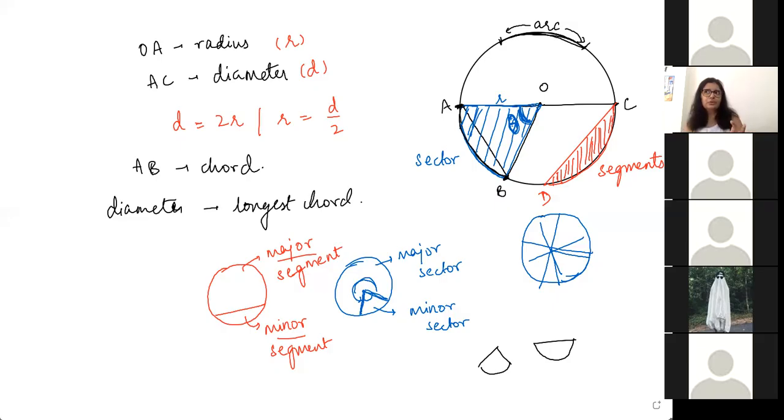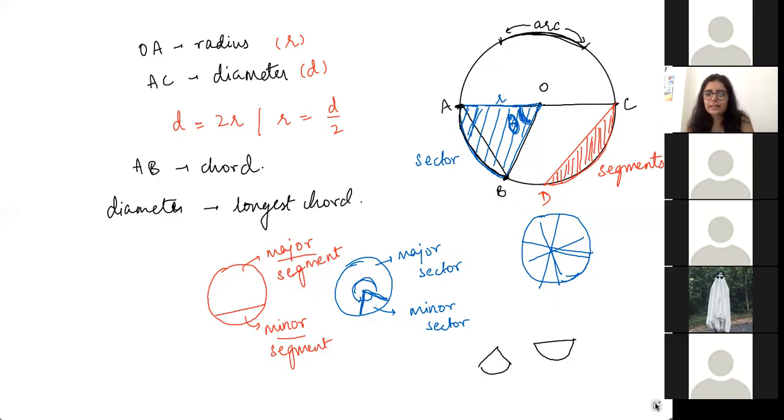You need to know whether they're asking for area of a sector, is it a major or minor sector, or perimeter of a sector, or could it be a segment? That interpretation you would need practice in. So 25% of it is knowing the formula that you need to remember, but the major part is being able to apply that formula to the question. That's what you've got to focus on.